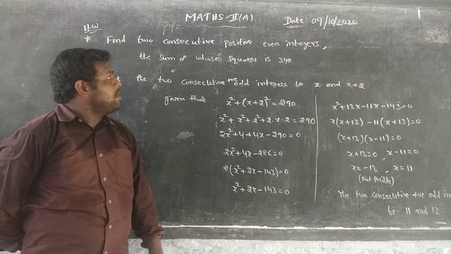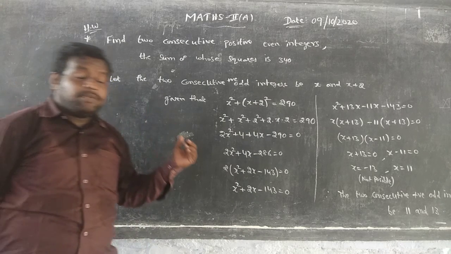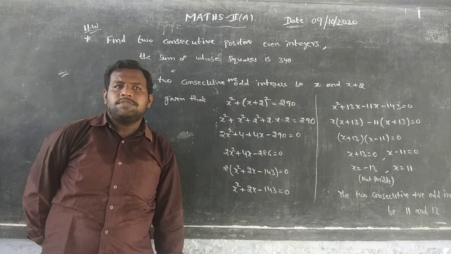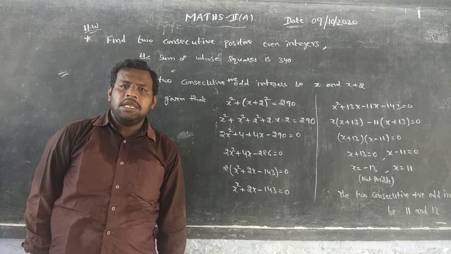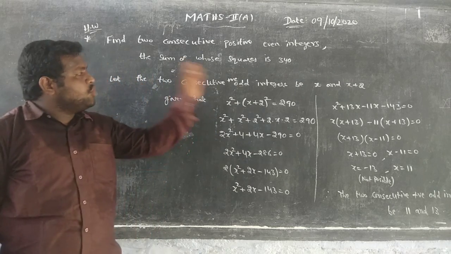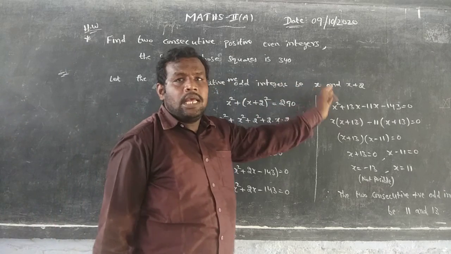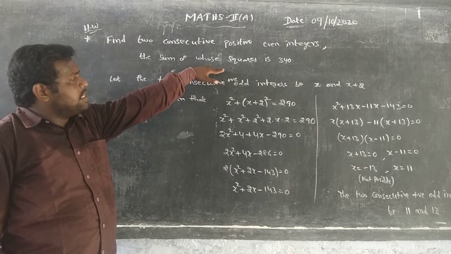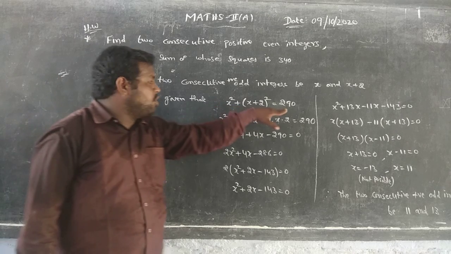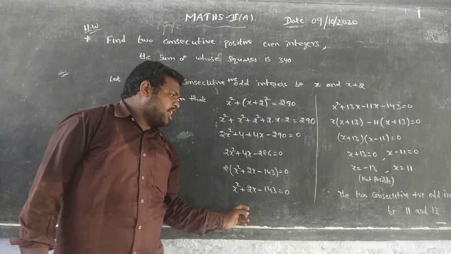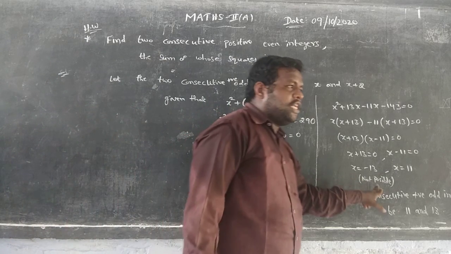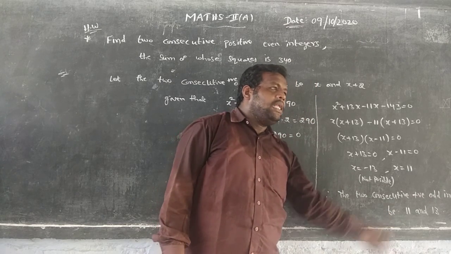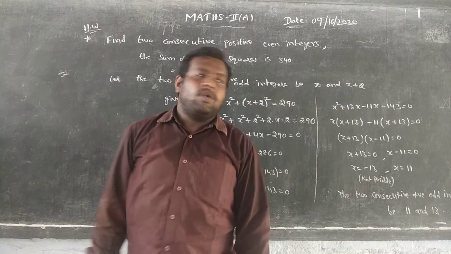Same model. What's the difference between odd integers and even integers? Even integers differ by 2 and odd integers also differ by 2. So let the two consecutive positive even integers also be x and x plus 2. Given that the sum of their squares is 340, so x square plus (x plus 2) whole square equals 340. Simplifying that equation we get only one positive integer. Therefore the two consecutive positive even integers are x and x plus 2. Okay, everyone do this problem.